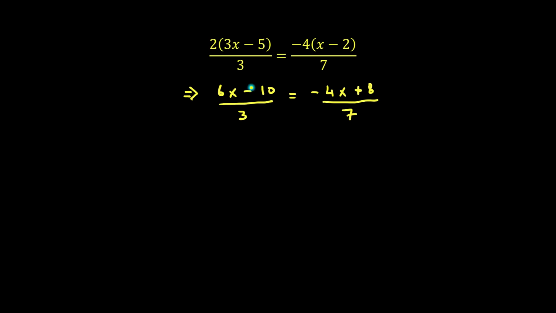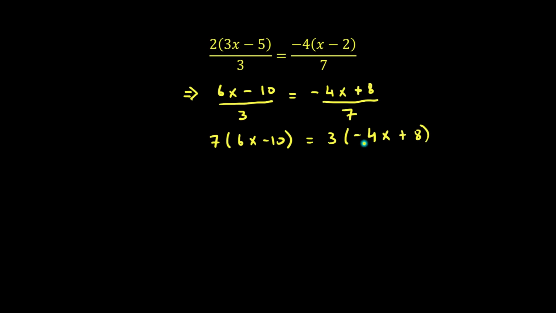Once again, we cross multiply, and then this on the left hand side will become 7 times 6x minus 10, and this would become 3 times minus 4x plus 8.